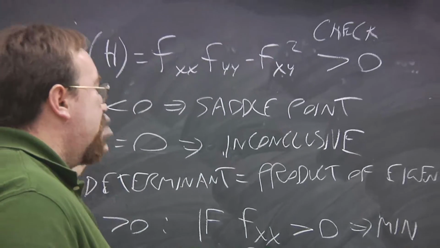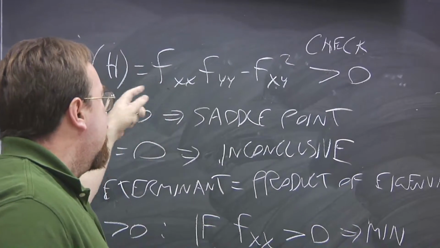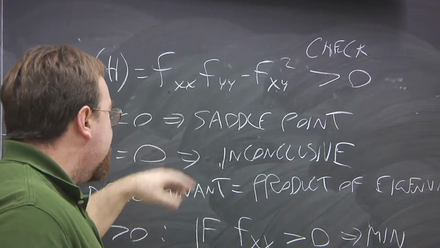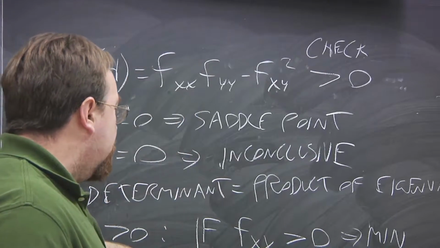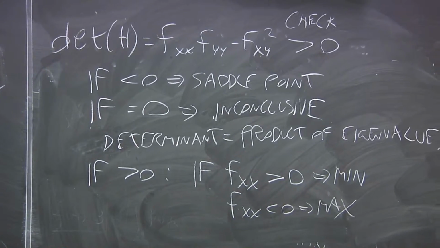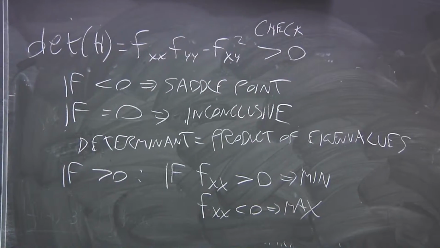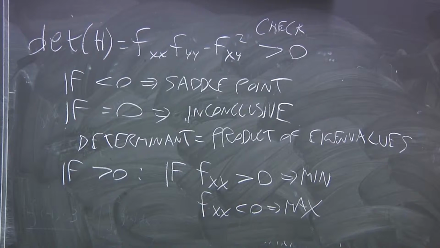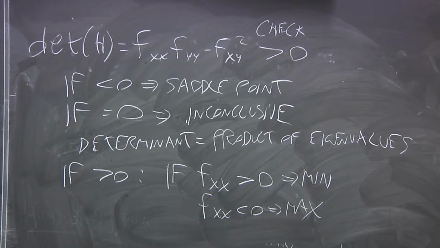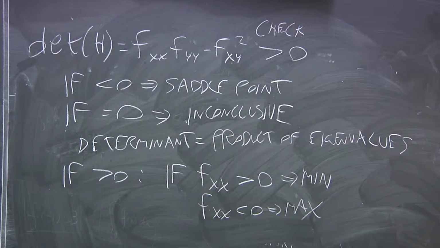So for the two-variable case, you check the determinant and see if it's a saddle point or inconclusive. If it's not one of these, then check if it's positive. You have one more thing to look at. Just look at any of the diagonal elements, and that'll help you differentiate between a maximum and a minimum. So find your critical points where the gradient is 0 or doesn't exist.